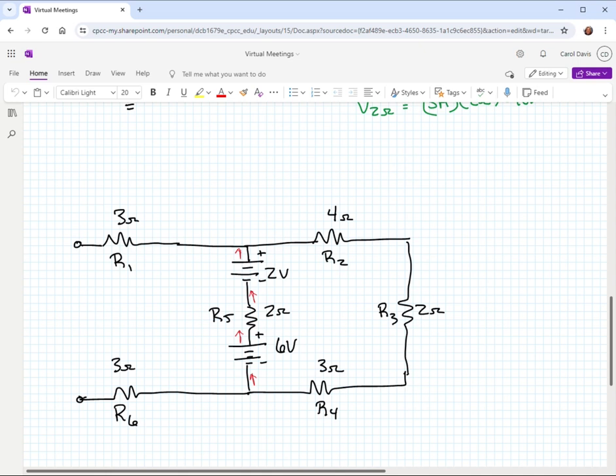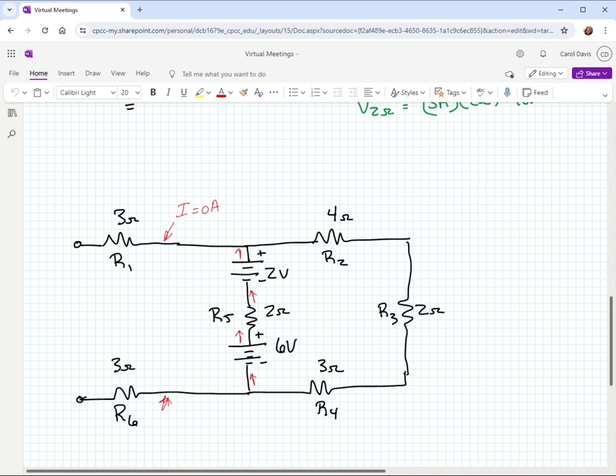Now, is there a path for that? Well, if we have current go this way to the left, notice that we have an open circuit after the 3 ohm resistor. So there's not going to be any current in this direction. Okay, so I'm just going to get rid of that arrow. We have no current in this pathway or on the R6 pathway.